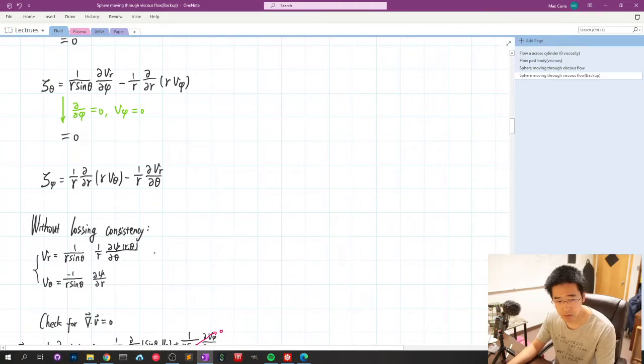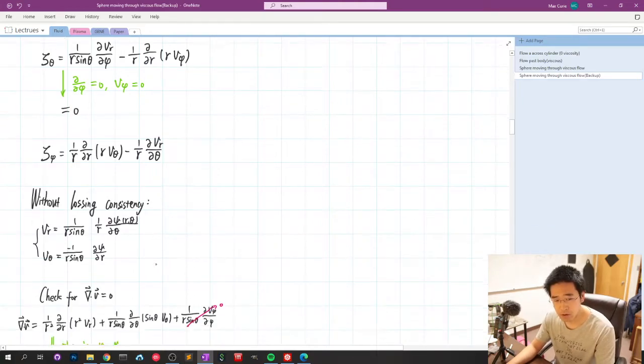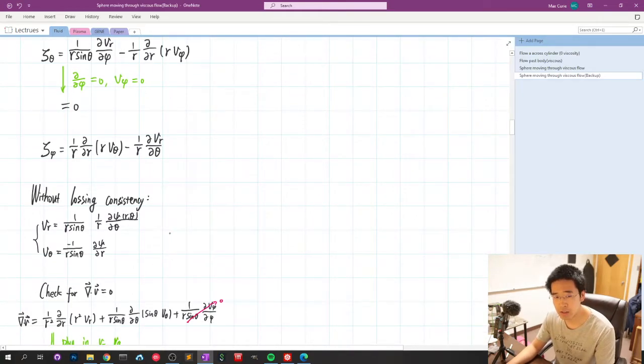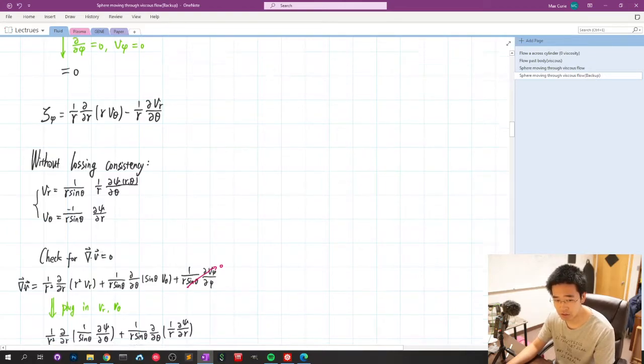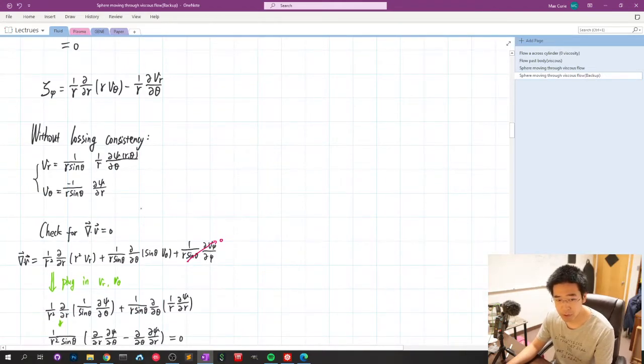We can define phi such that we have such an expression, and we need to check if this is consistent with incompressibility, because we need that to be self-consistent, of course.